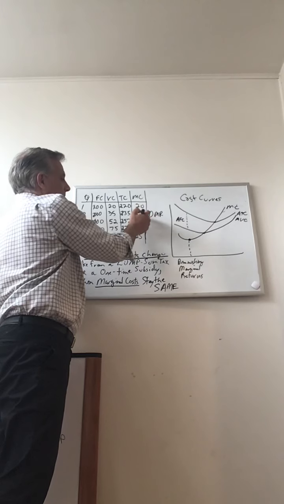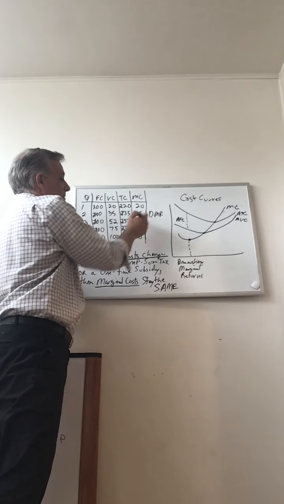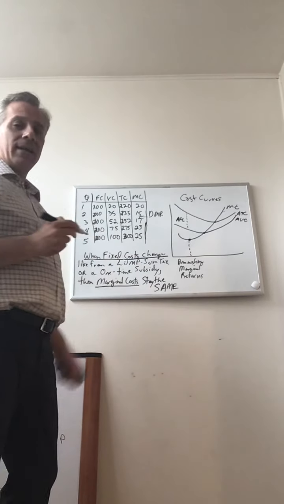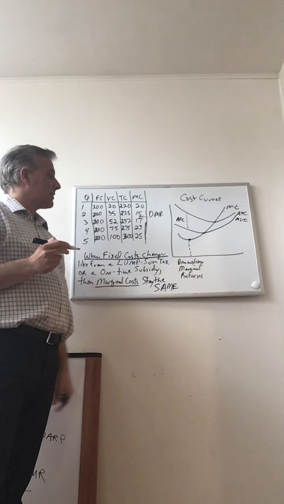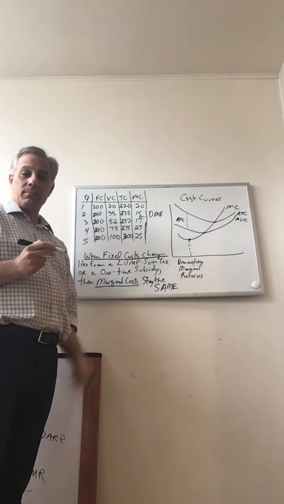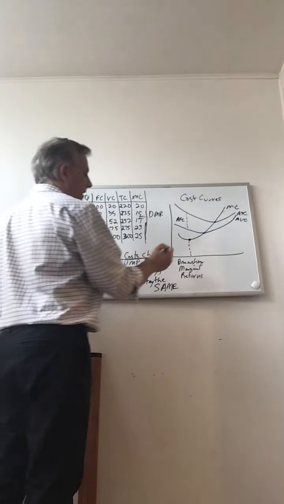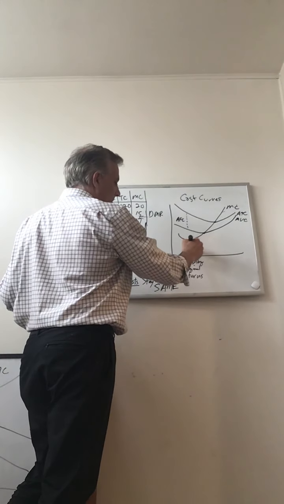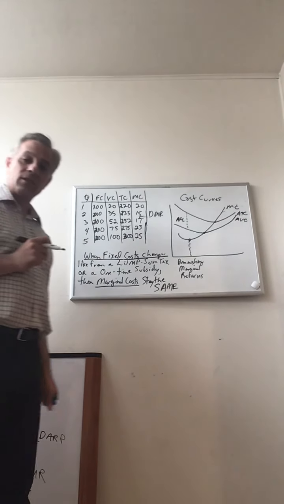After this second one, marginal cost goes from 15 to 17. So after the second quantity, we notice marginal cost starts to go up. That's the point of diminishing marginal returns. They love that. On the graph, that's right here, the lowest point on the marginal cost curve.